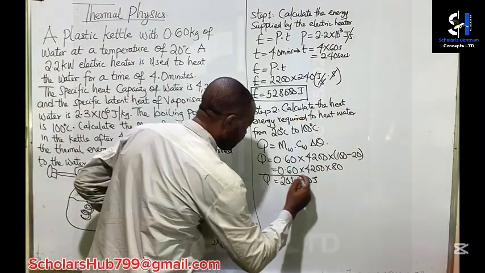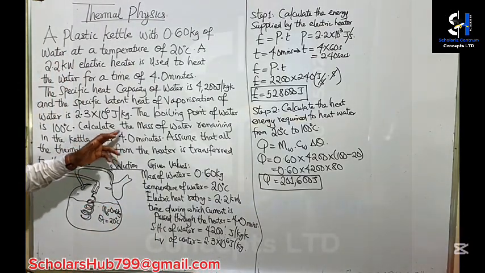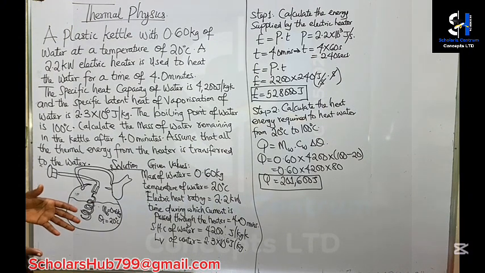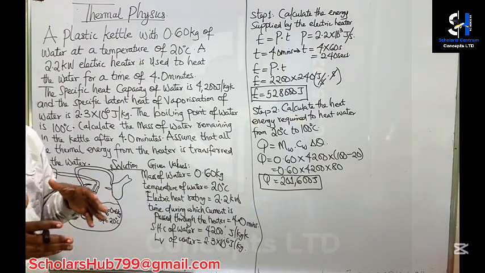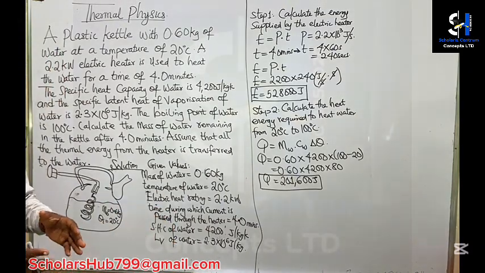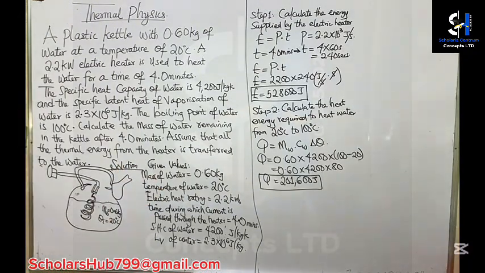Now we want to calculate the mass of water remaining in the kettle after 4.0 minutes. That means we need to calculate the heat energy remaining after water is heated from 20 degrees Celsius to 100 degrees Celsius.